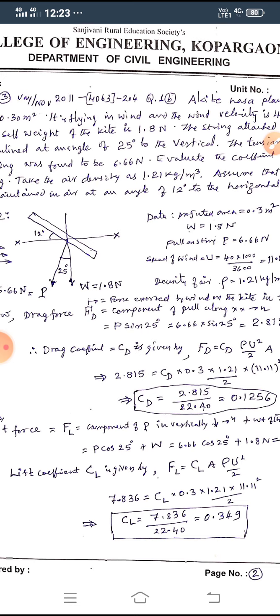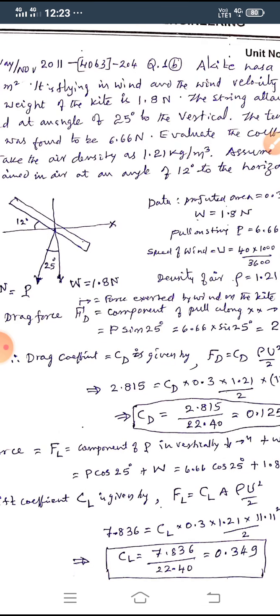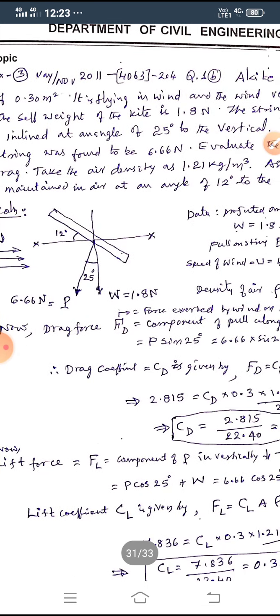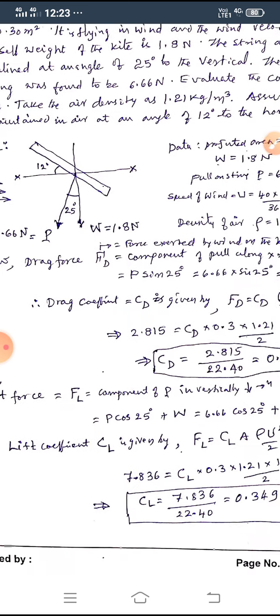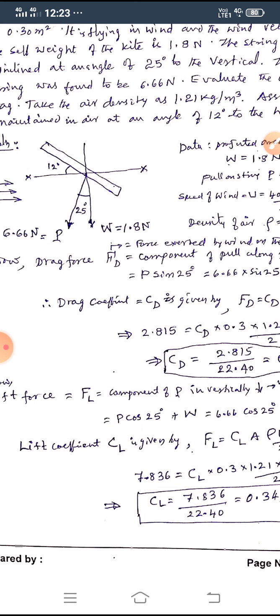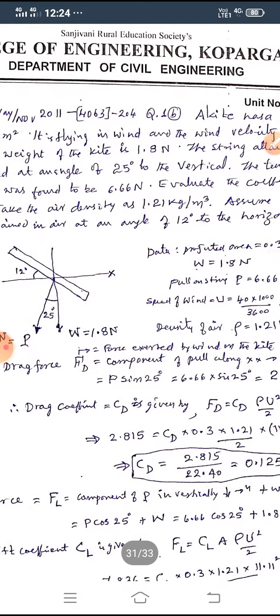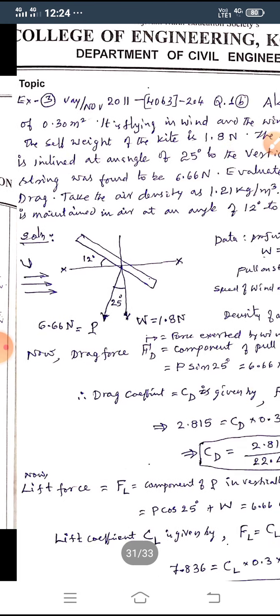A kite has a planform area of 0.3 meter squared. Planform means wing area. It is flying in wind and the wind velocity is 40 km per hour. The self weight of the kite is 1.8 Newton.